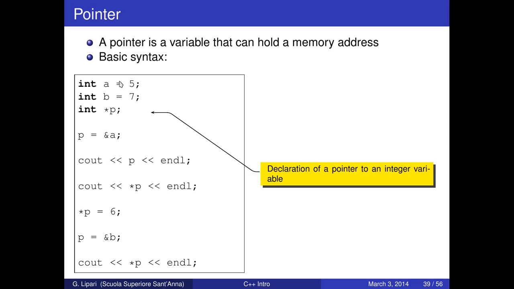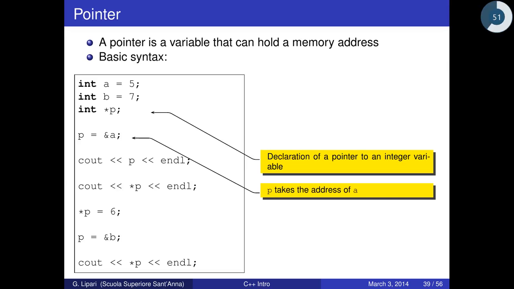For example, here you have two integer variables, and then you have p, which is a pointer in memory to an integer. This is the basic syntax: integer, then a star, and then p. You can obtain the address of a variable by using the ampersand.